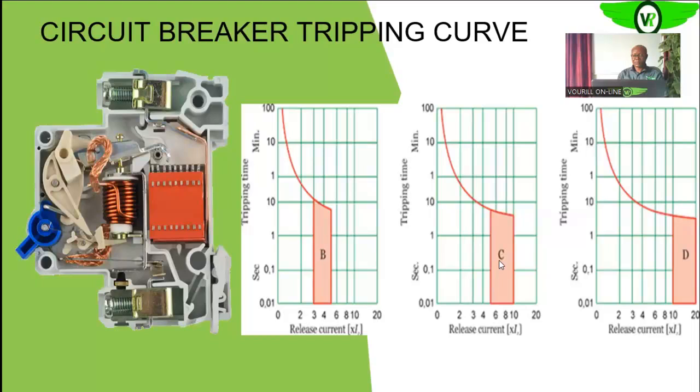Then if you go to your far right, this curve shows that the circuit breaker guided by it will trip between 10 to 20 times the rated current of the circuit breaker.